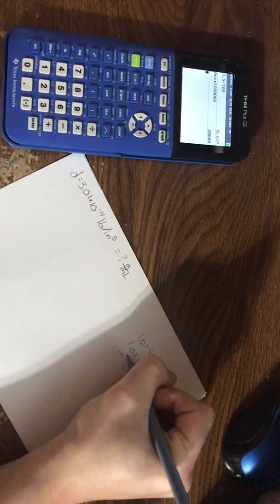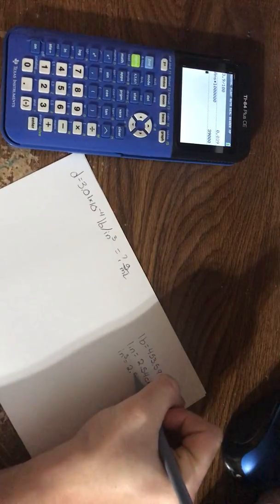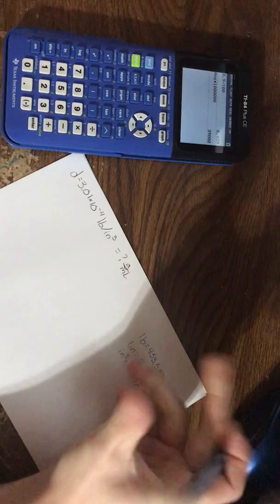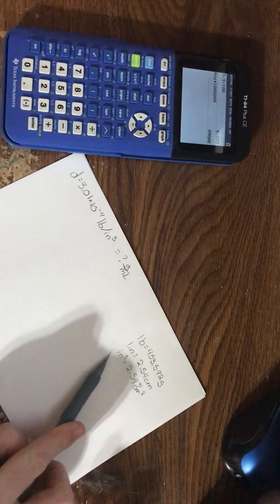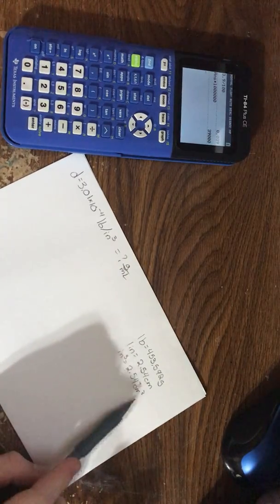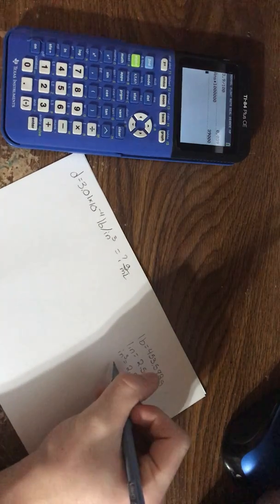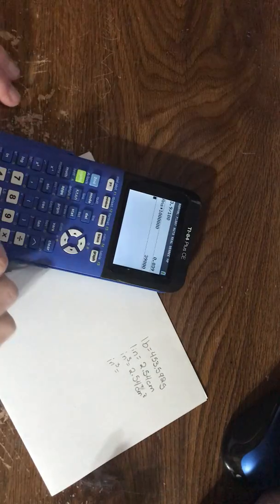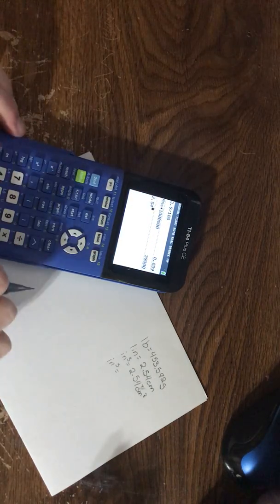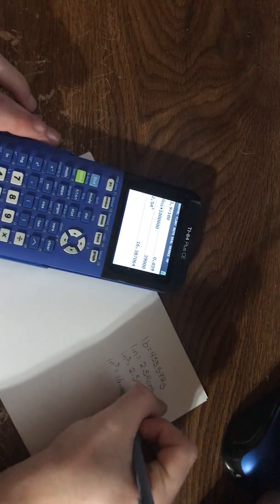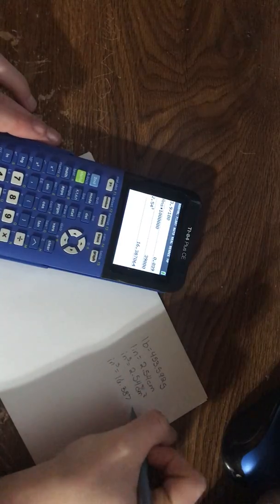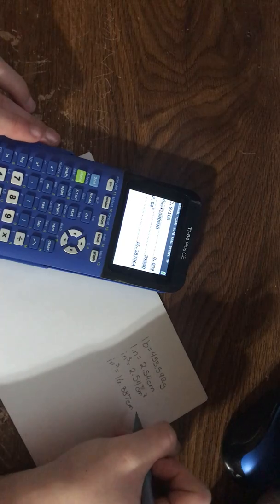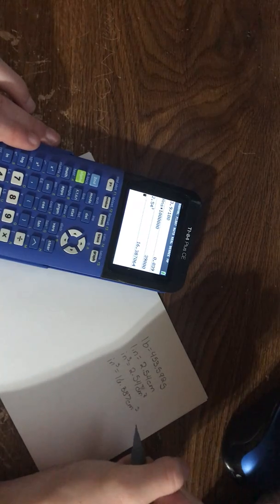1 inch cubed is equal to 2.54 centimeters cubed. So now an inch cubed is equal to 2.54 to the third, which will give you 16.387 centimeters cubed.